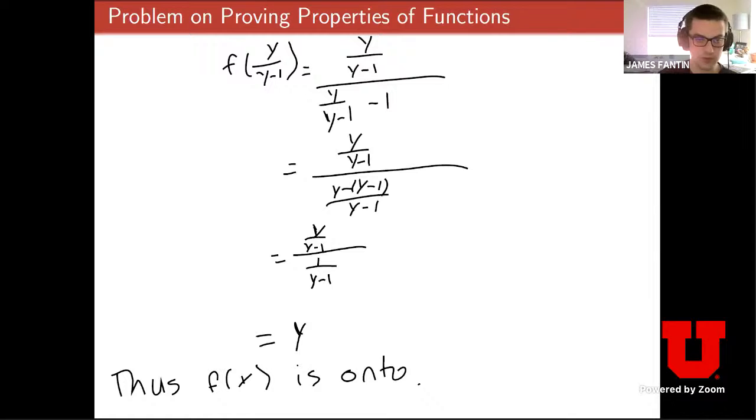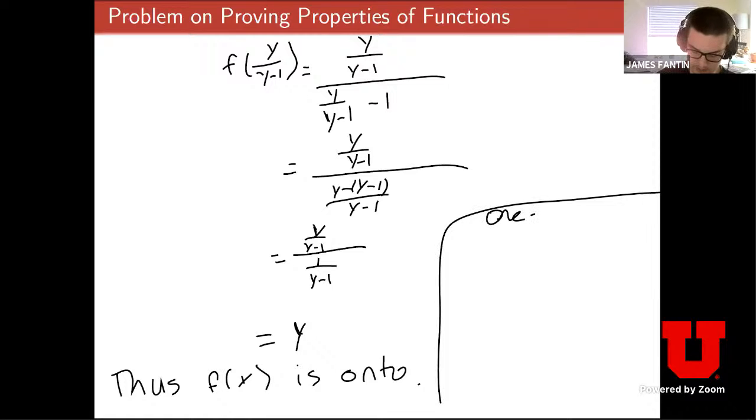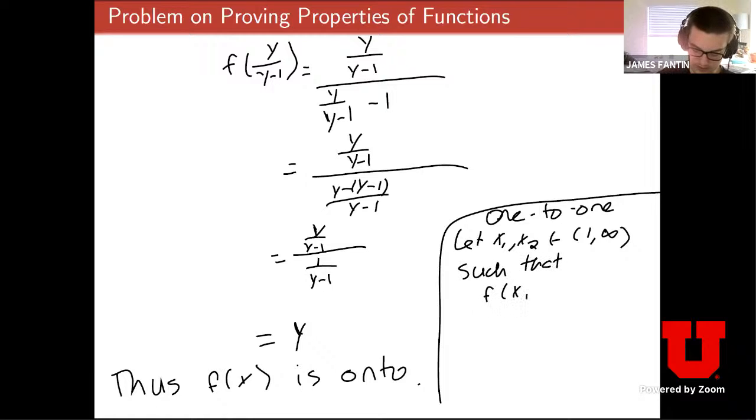And then if we wanted to prove one-to-one for this function, that's fairly straightforward. You just let x1, x2 be an element in our domain such that f of x1 is f of x2.